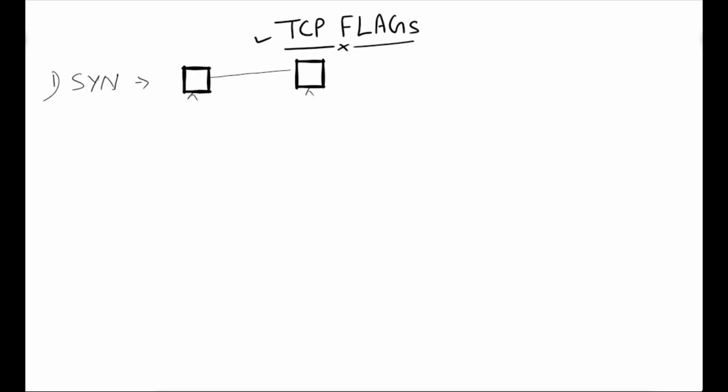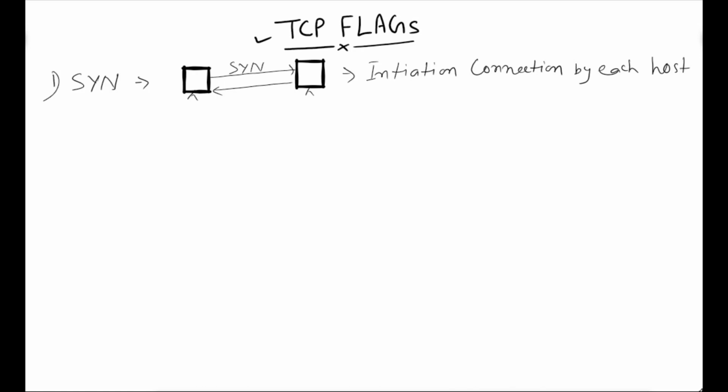Whenever they start communicating with each other, they will first share the SYN packet, or SYN flag, to start the communication. So the SYN flag is basically used to initiate a connection by each host.